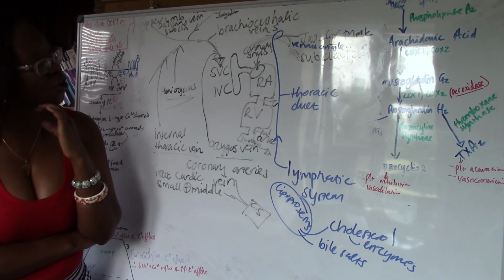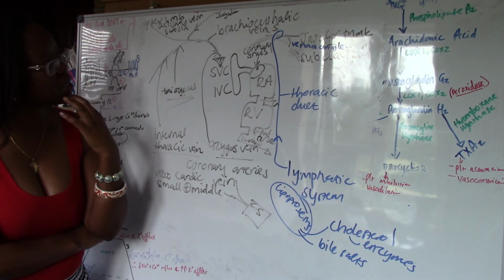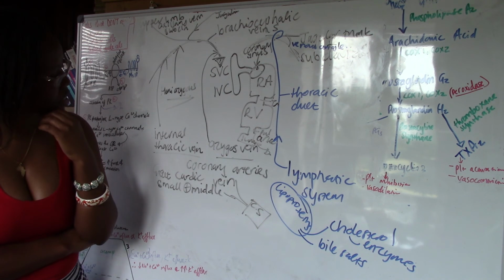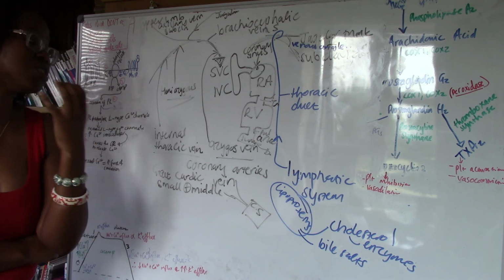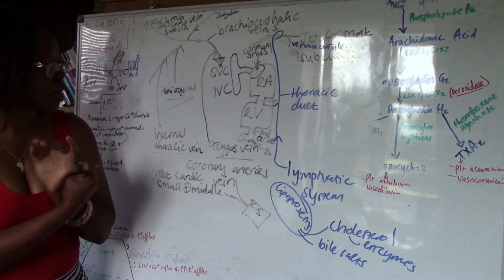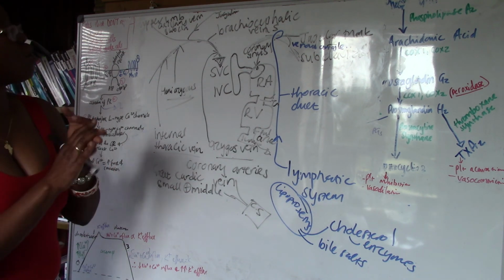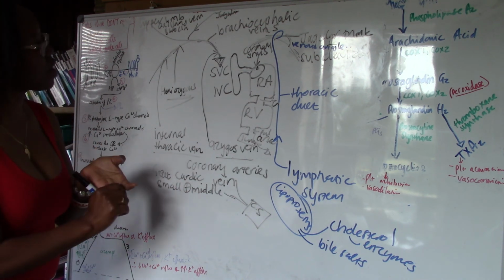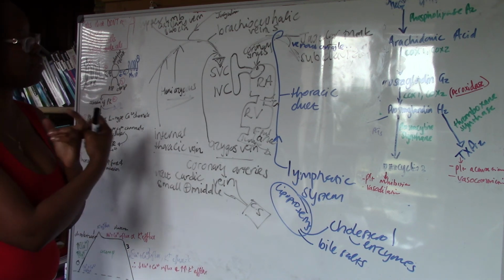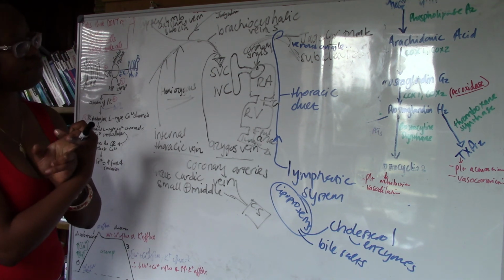And I've also shown the return of the venous blood into the venous circulation, and how all the blood drains from the coronary sinus, from the upper limb, from the head and neck areas into the brachiocephalic veins or the SVC, back into the right atrium.